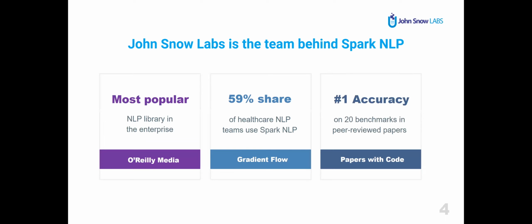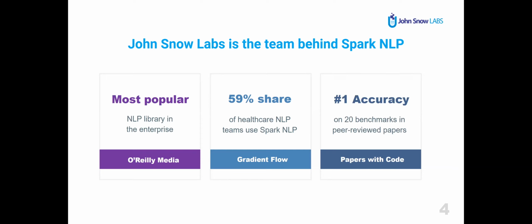We are John Snow Labs. We are the people behind Spark NLP. Spark NLP is the most widely used library in the industry. We have developed commercial extensions, which are Healthcare NLP, Finance NLP, and Legal NLP. We focus on accuracy. We are now holding top positions in benchmarks.